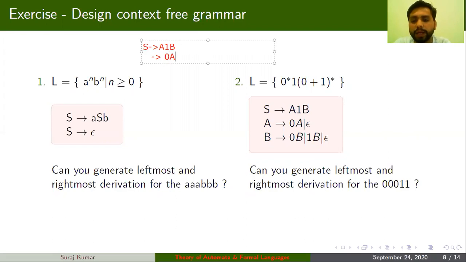Here I'm writing the leftmost derivation first, and the rest of the string will remain the same. Then your single zero has been generated, and you can again replace your A with 0A, and the rest of the string will remain the same. Then again replace your A with 0A to generate the third zero, and the rest of the string will remain the same.